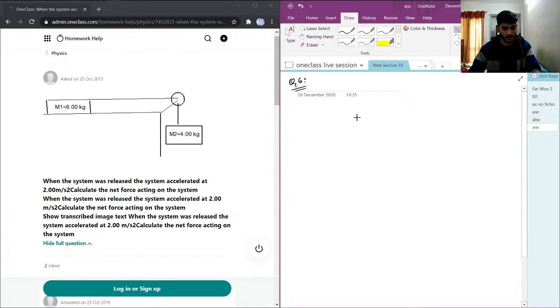First, I will draw this. In physics, it is very necessary and required to draw the diagram, especially in problems dealing with mechanics, because it gives a correct idea to solve it.